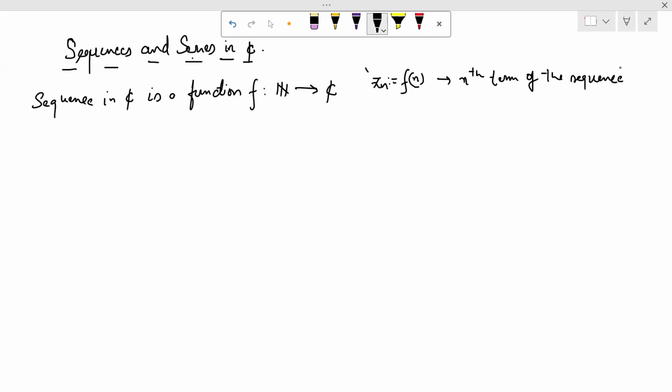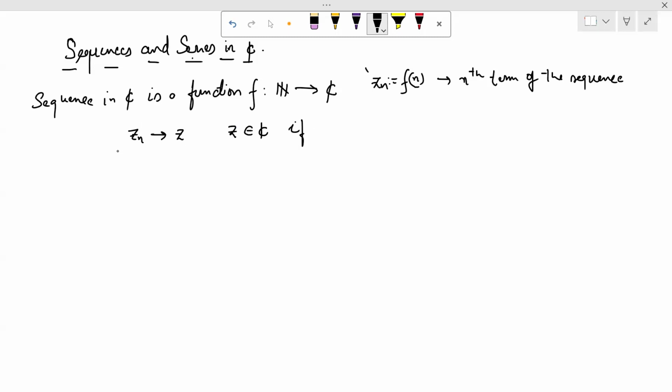And we say that the sequence Zn converges to, let's say, Z, where Z belongs to the set of complex numbers.